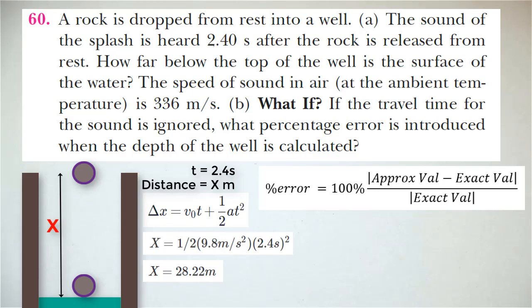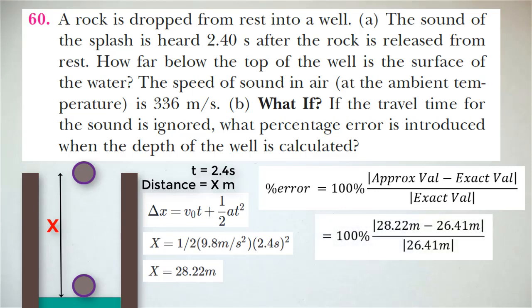The approximate value is the distance we just found in part B. The exact value is the distance we calculated, including the speed of sound, in part A. So now we substitute in, and we get 100% times 28.22 meters minus 26.41 meters, all over 26.41 meters, and we get that the percent error between the two calculations is 6.85%.